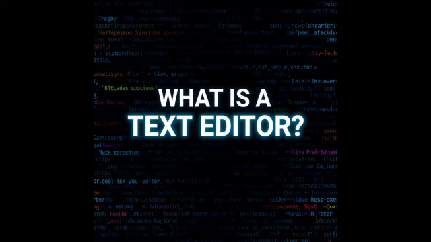It's different from the text editor that we use. This is not a word processor. So a text editor does not add fancy formatting like bold and italic, as we all know. It makes text simple and readable by the computer.